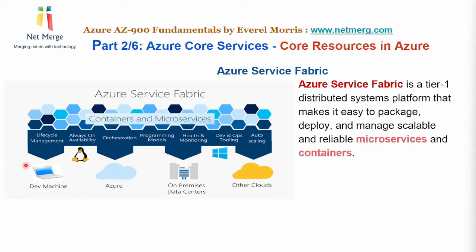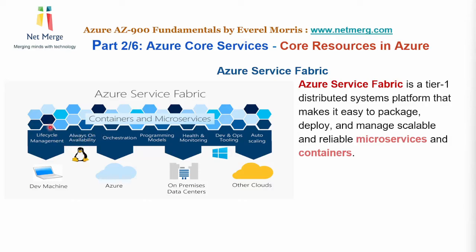Here's your developer's machine. You can use Linux, as you can see. It's running in Azure, it's running on premises data center, and you can run it on other cloud spaces as well. You get your auto scaling, you get your DevOps tooling in the Service Fabric as well. You get your health monitoring, you get your programming models, you get your automation and orchestration. It's always available.